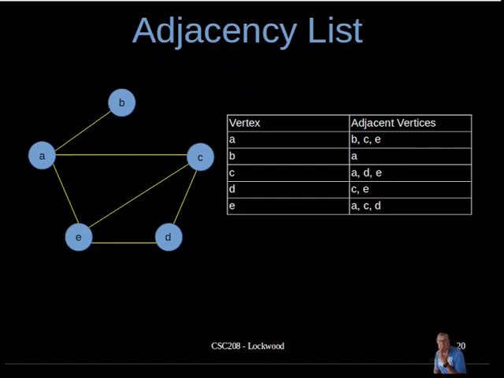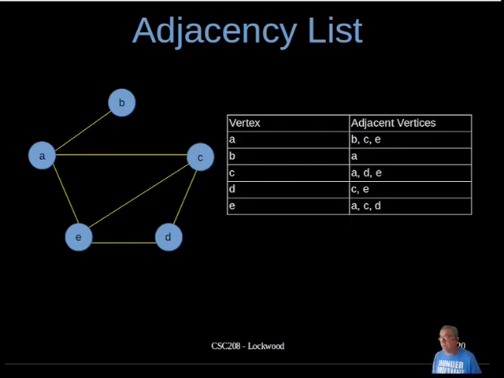Now there's a number of ways that we can represent graphs in computer programming languages, and I'm just showing you 3 of these, mostly for awareness. We'll dive into one of them in a little bit more depth. But one way of describing a graph is simply by having an adjacency list for each vertex.